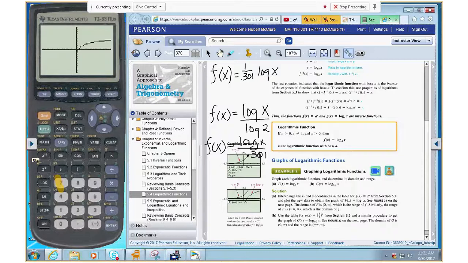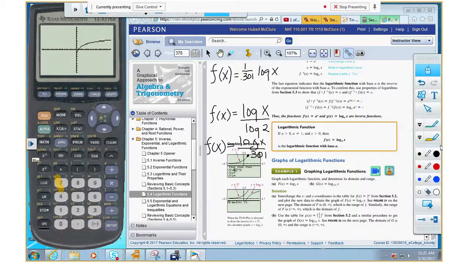We can do that next one. G of x is equal to log base 1/2 of x. I'm going to do it on the whiteboard.